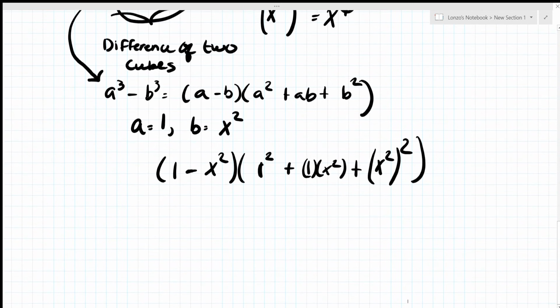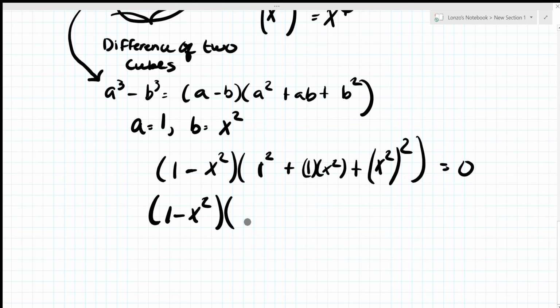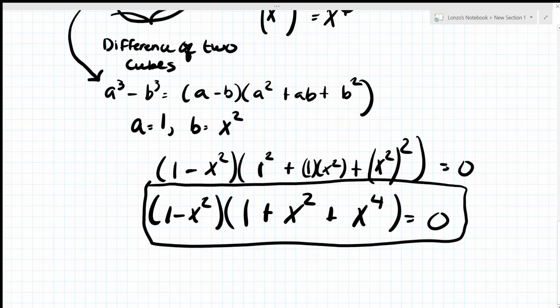Now let's simplify this, or make sure you set this to 0. So this is just 1 minus x squared. 1 squared is just 1, and then plus 1 times x squared is just x squared, and then plus x squared to the 2nd power. Since we're raising an exponent, you multiply the exponents, so it's going to be x to the 4th, equals 0. And this is your final answer, because they said solve by factoring. Good. So this is just part 3, so this wraps it up for part 3.